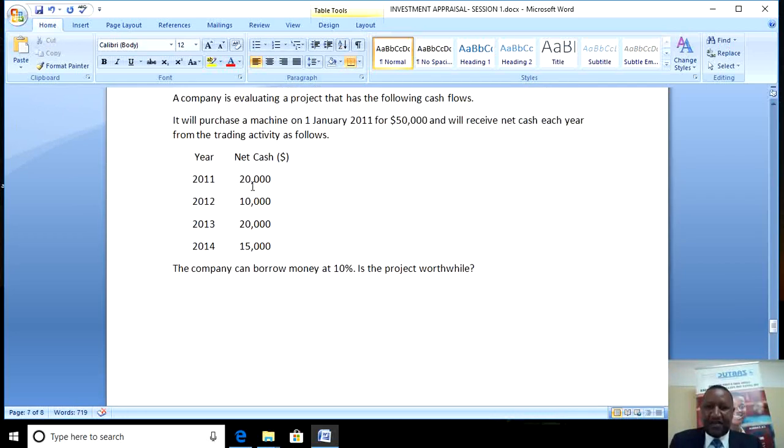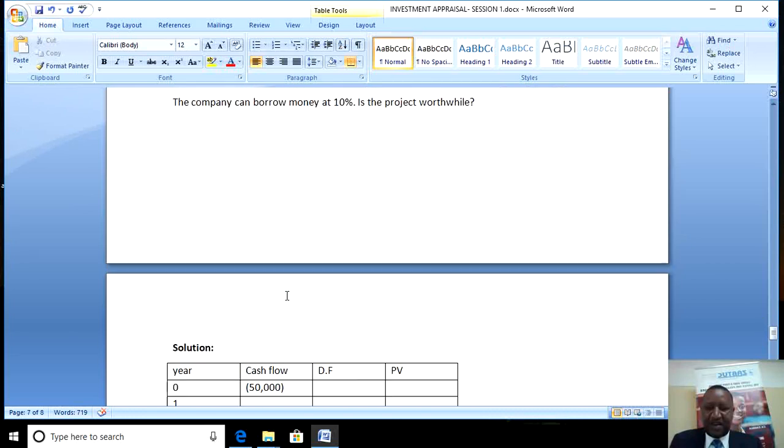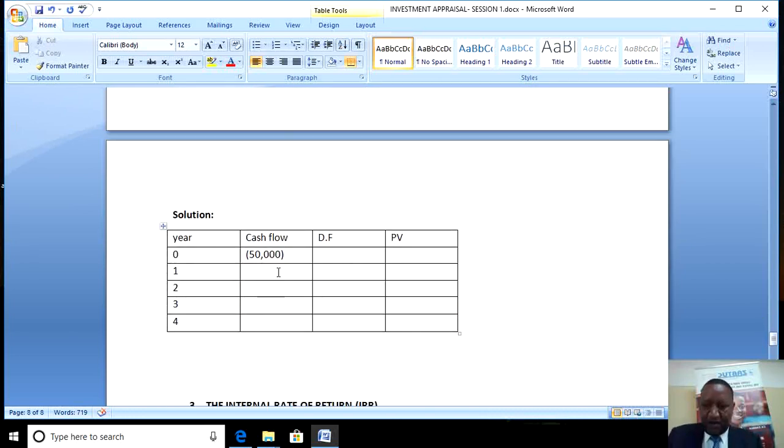Then that is followed by 20,000, 10,000, 20,000, 15,000 of the cash inflows. The last one is 15,000.